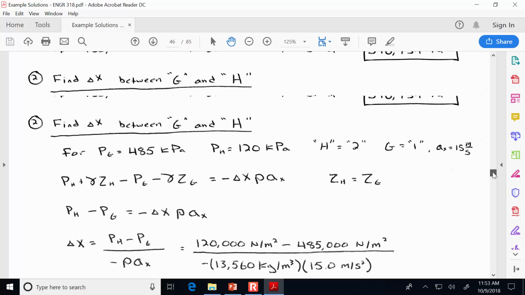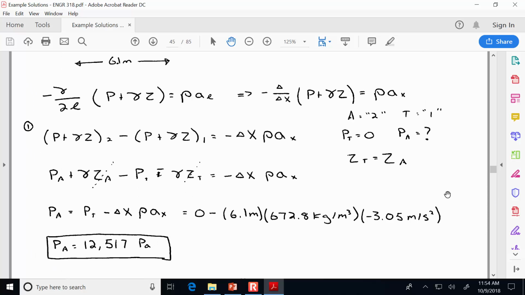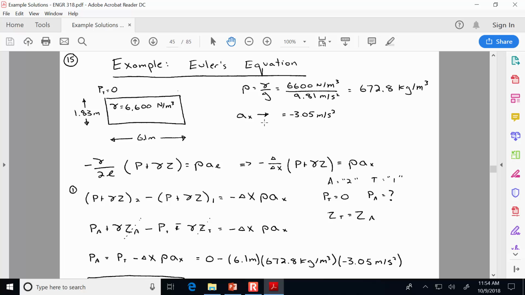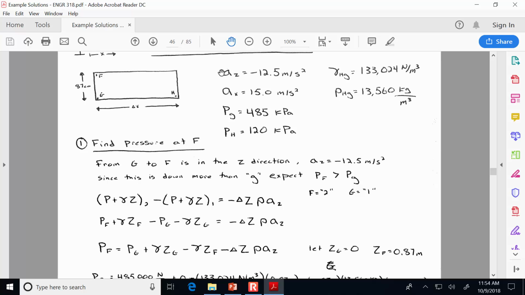Another mistake that sometimes people make is they try to combine the two accelerations together. Here there was an acceleration in z and an acceleration in x, and sometimes they'll square this, add it together with the square of that, and take the square root, but there isn't an average acceleration between the two directions.